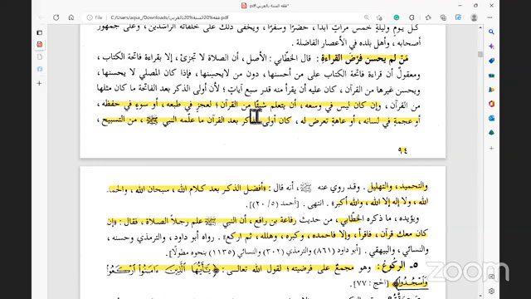So what happens if a person doesn't know how to read the Fatiha? Maybe they couldn't read or speak Arabic. If they're able to read at least Alhamdulillah Rabbil Alameen Ar-Rahman Ar-Rahim, then their salah is valid.